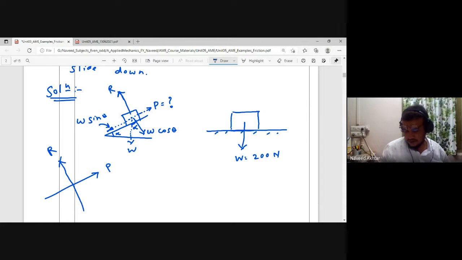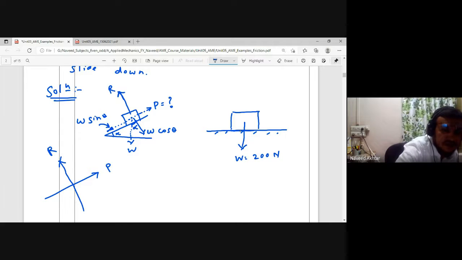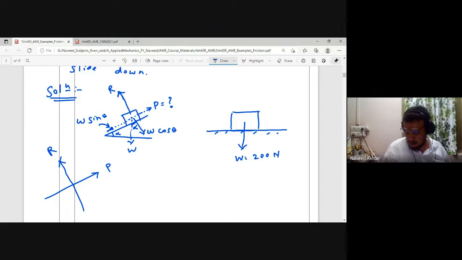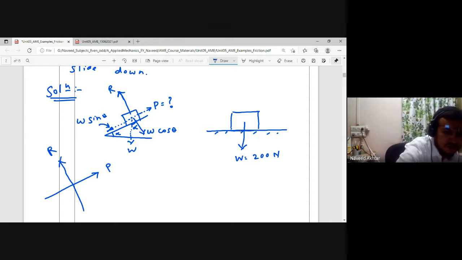ओके. और उसके अपोजिट में हमारा F है. So that is nothing but here you can say the W sin theta, and you can say the W cos theta.